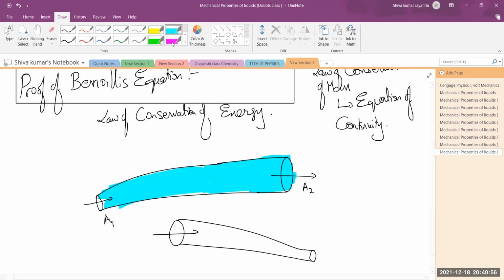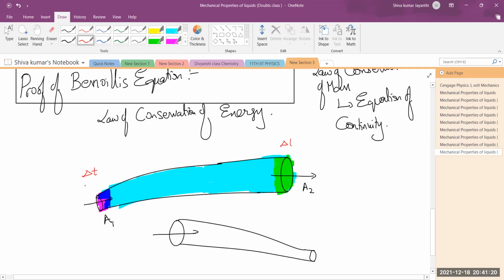Somehow the liquid has to enter from one surface, the entering liquid, and liquid is exiting from this other surface. The amount of mass of the liquid that enters, which is the green color and pink color you are seeing, is the amount of mass that has entered in 1 second or the same time. It need not be 1 second.